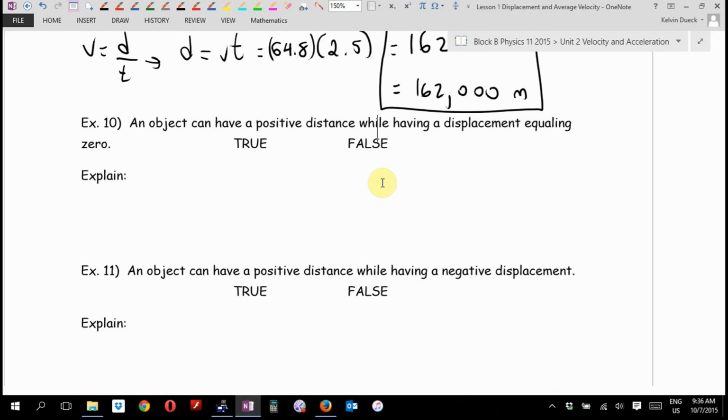Positive? Pretty sure? Who thinks the answer here is true? 1, 2, 3, 4, 5, 6, 7, 8, 9, 10, 11, 12, 13, 14, 15, 16, 17, 18, 19. Who thinks the answer is false?